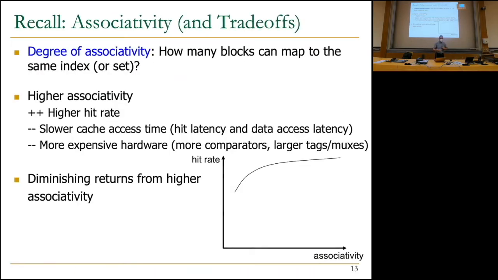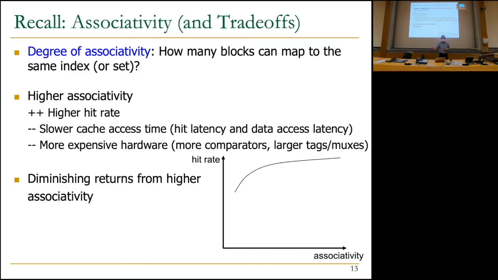Okay, and we discussed the trade-offs in associativity. Clearly, higher associativity can give you a higher hit rate, but it makes the design more complex and makes it slower. We also discussed that you get diminishing returns from higher associativity. This was a picture that I showed you on average across many workloads potentially, but if you look at each individual workload, the curve may be different, right?